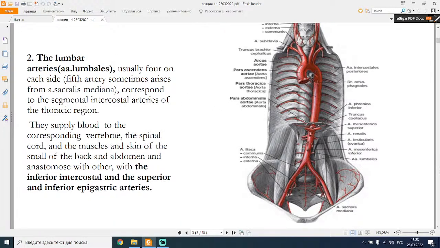Next, the lumbar arteries, Latin Arteria lumbalis. They usually form four on each side; a fifth artery sometimes arises from Arteria sacralis mediana. They correspond to the segmental intercostal arteries of the thoracic region.